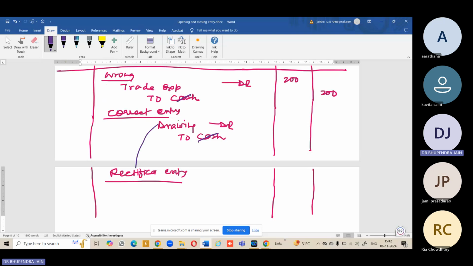So write down the correct in the correct side, and wrong in the opposite side. The trade expense is given in the debit side and which is wrong. So reverse the wrong. Write down in the correct side. So this is the rectified entry.